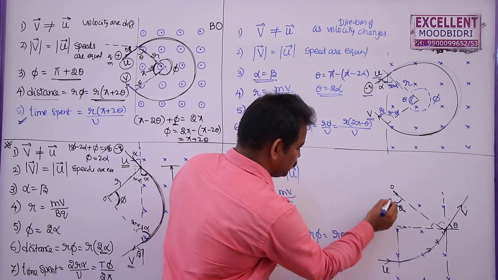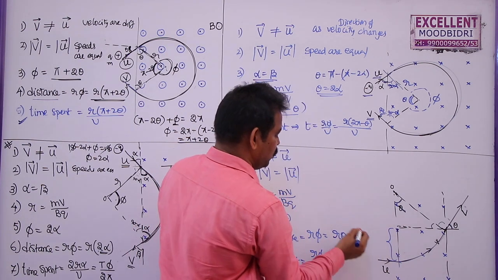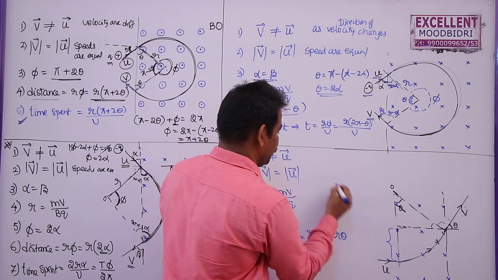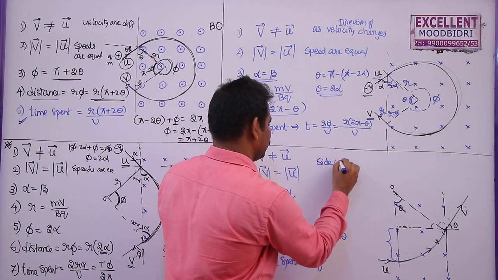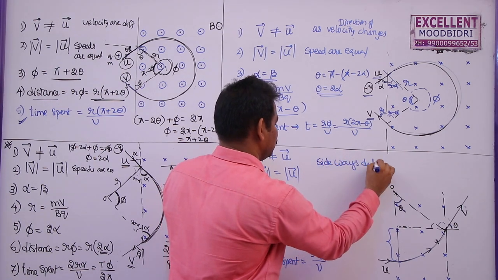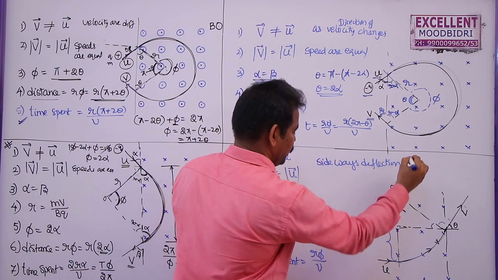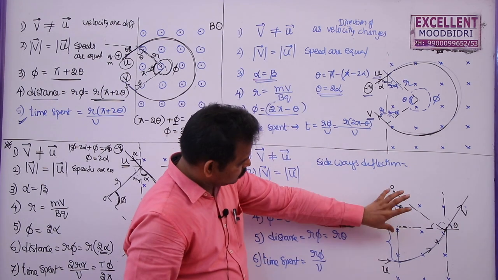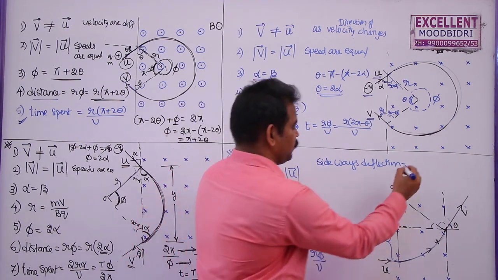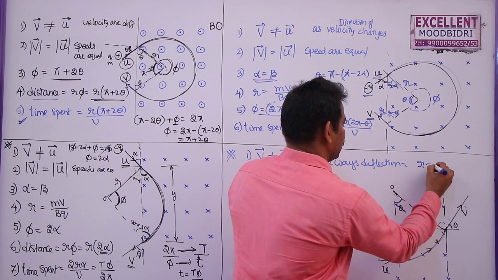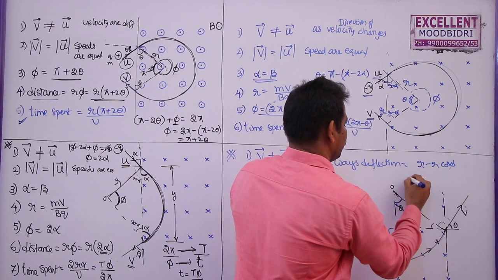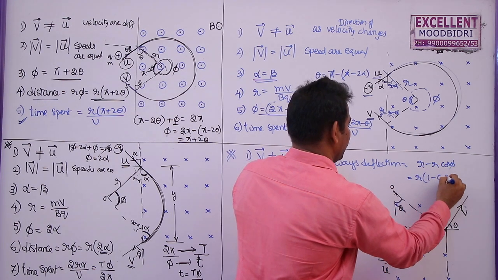But sometimes they may ask to find this value, which is given by sideways deflection. If it is r, this is r cos phi, so this will become r minus r cos phi, which is given by r into 1 minus cos phi.